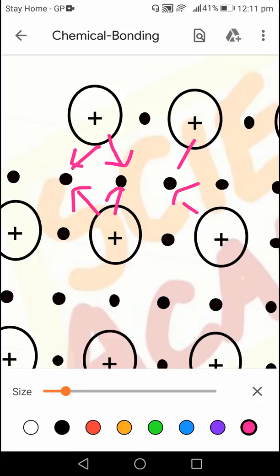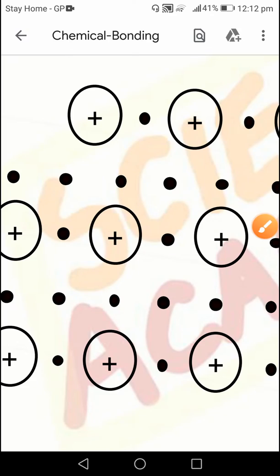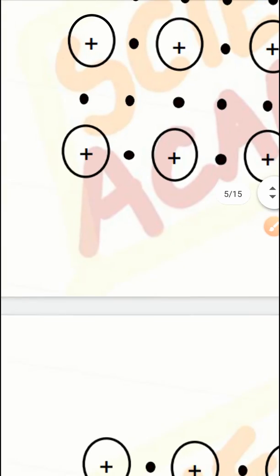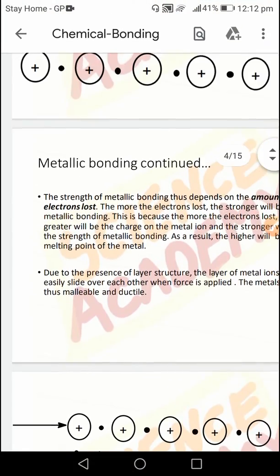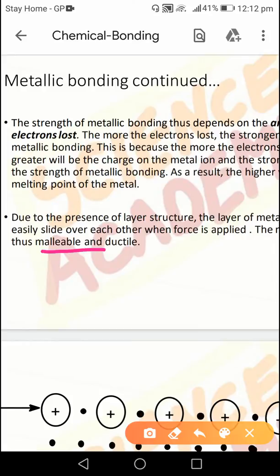So that means the layers of metal ions can easily slide over each other without disrupting the structure. That's why we say that when force is applied, the shape of the metal can be changed. That's why we are calling metals malleable and ductile.